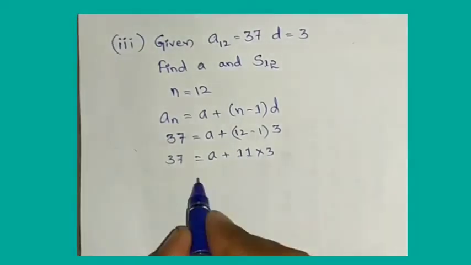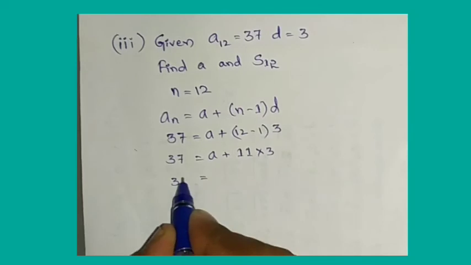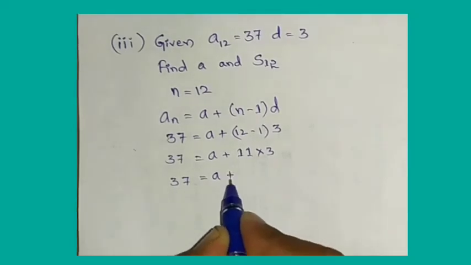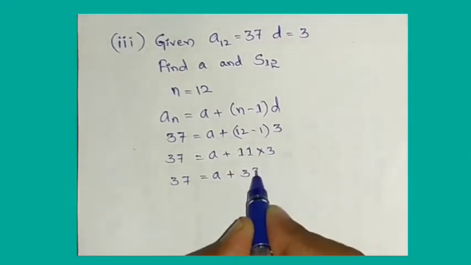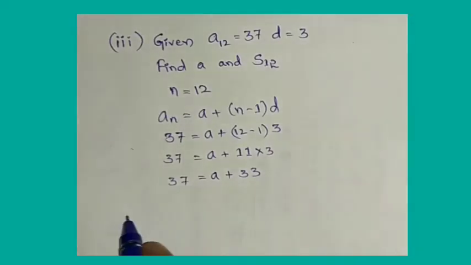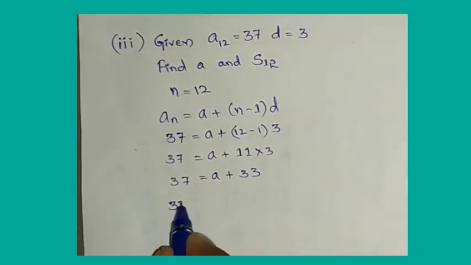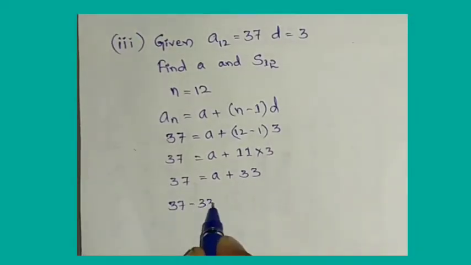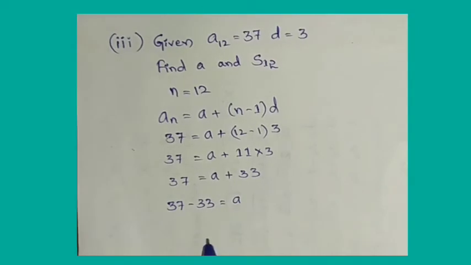So 11 into 3, it will be 33. So take 33 to the left side, it becomes 37 minus 33. So our a will be 37 minus 33, it will be 4. So a equal to 4.